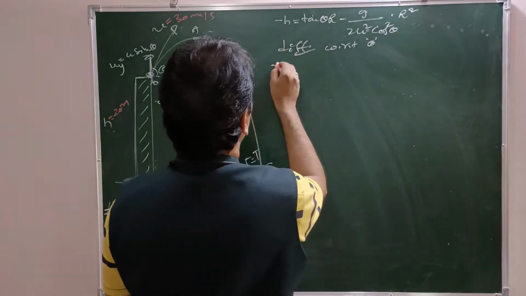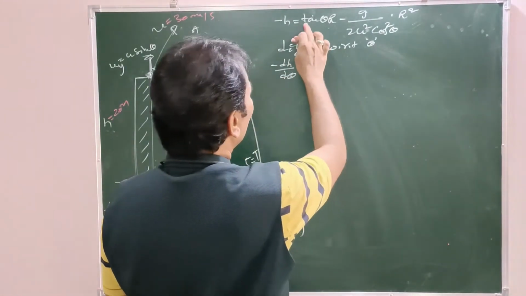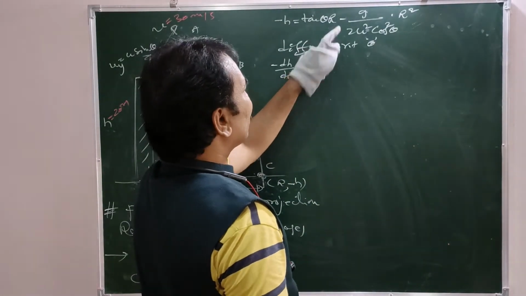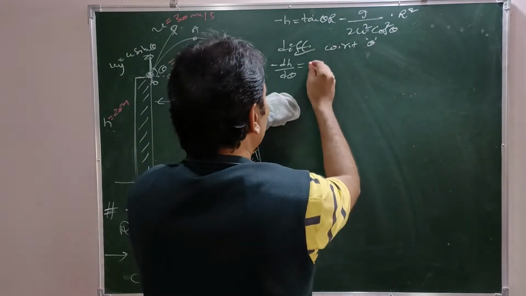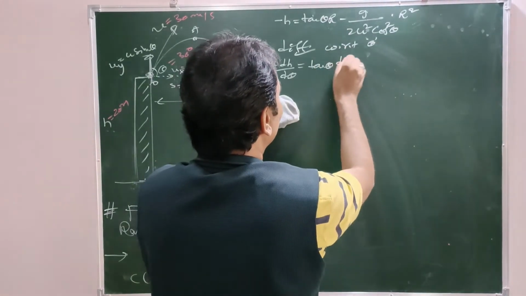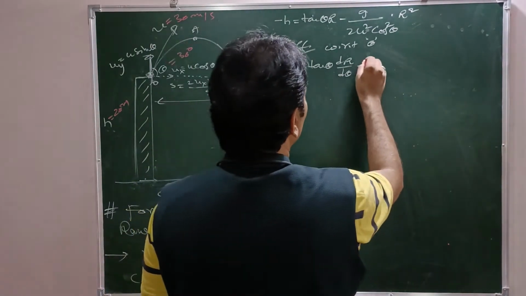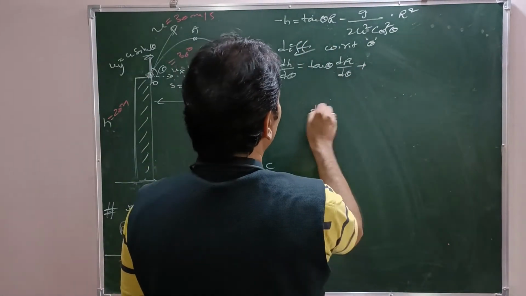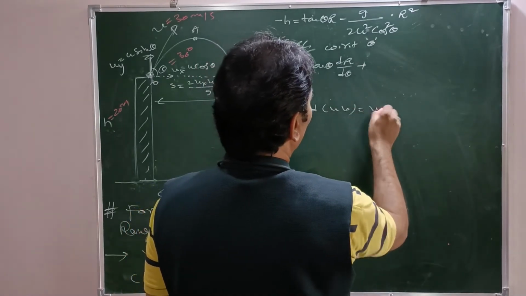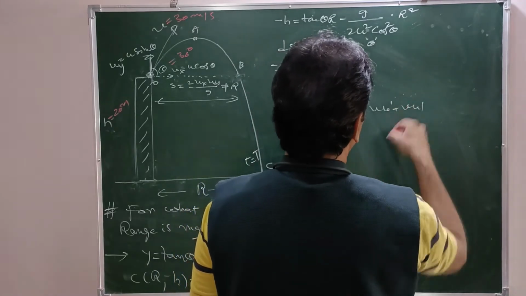That is, minus dh by d theta equal to d by d theta of tan theta r. Okay, tan theta r, d of uv means uv dash plus vu dash. Am I right?